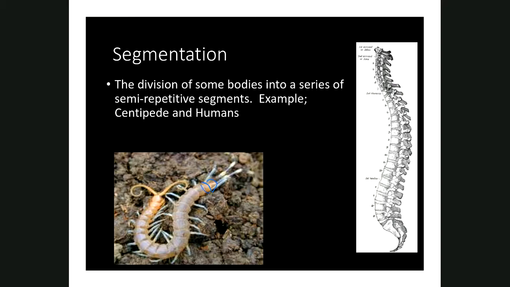Here's another, and there, and so on. Note, by the way, there's only one pair of legs per segment. One here, one there for this segment. Keep that in mind for a future slide for centipedes.